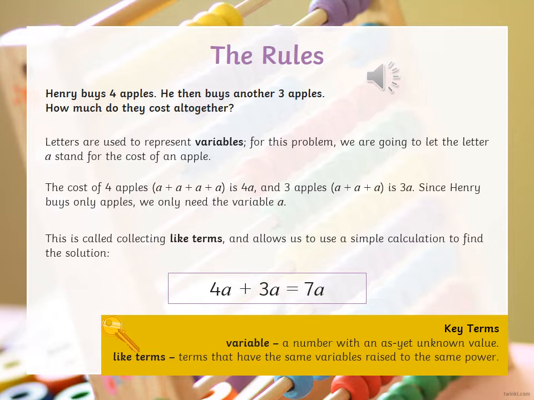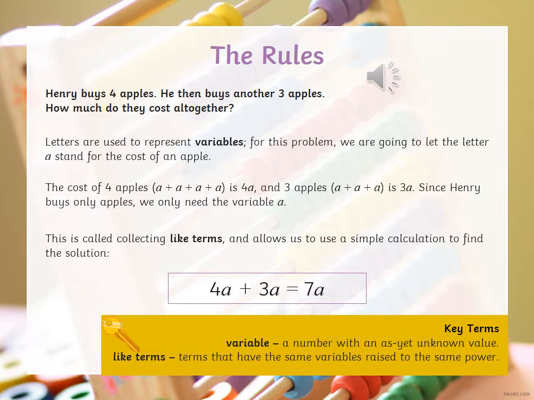And then remember, he buys 3 more apples, so A plus A plus A. Since Henry buys only apples, we only need one variable, which is A. Now to find out how much they cost all together, we should add 4A plus 3A.